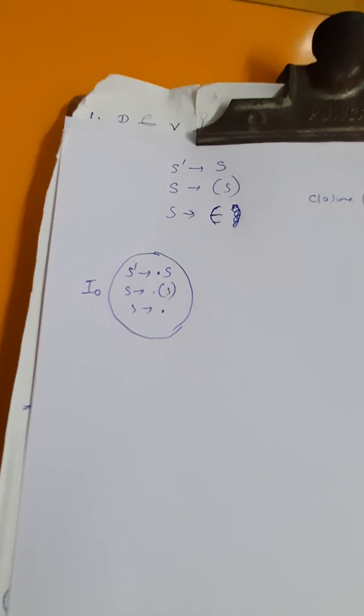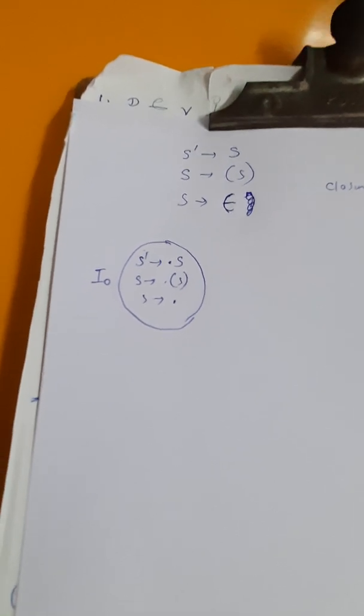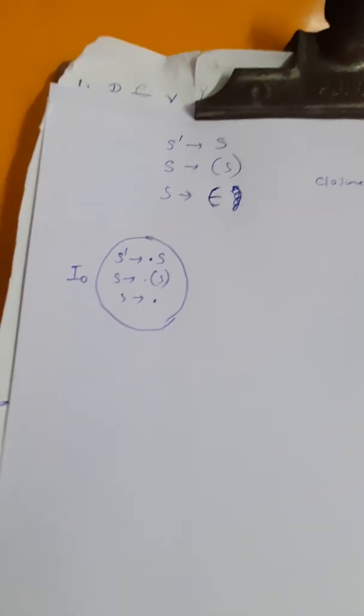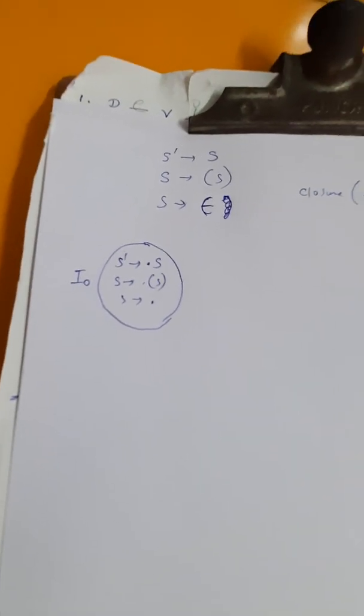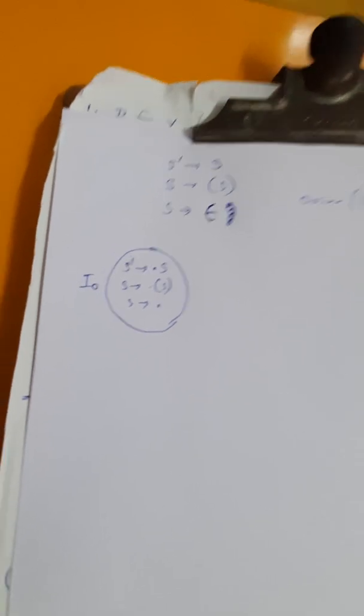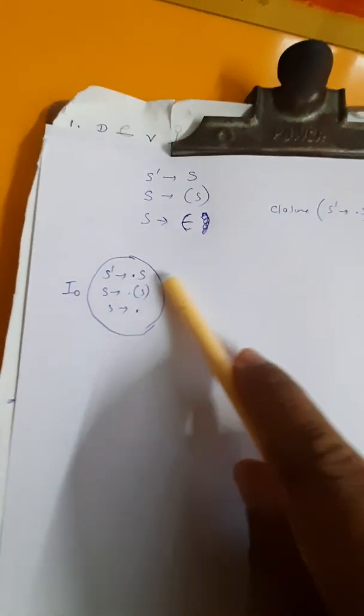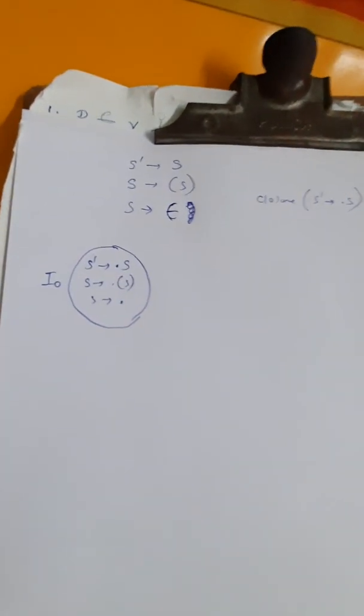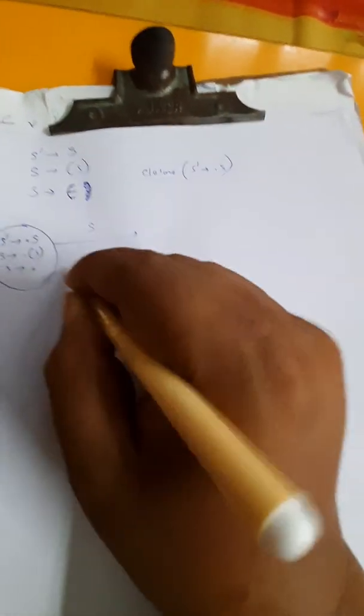So this is the next. We will see how many gotos are possible. Here we are observing that the dot is just preceded by S, and another thing, the dot is preceded by open brace. So only two gotos would be there. First one is by S, another one is by open brace.